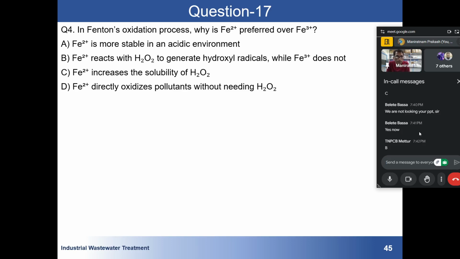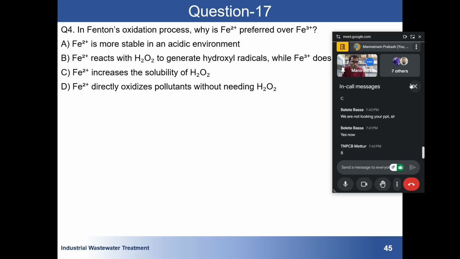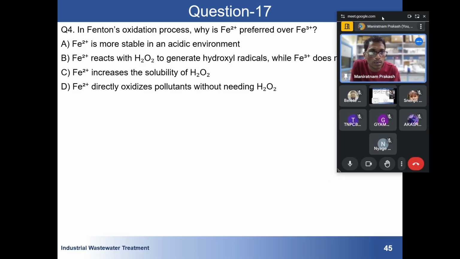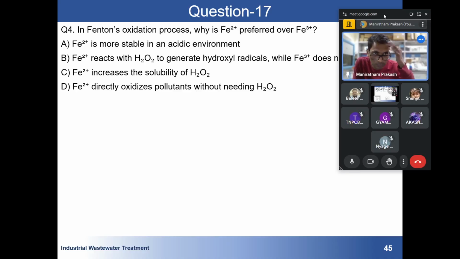You are not audible, there is some problem with your audio. You can write in the chat box.